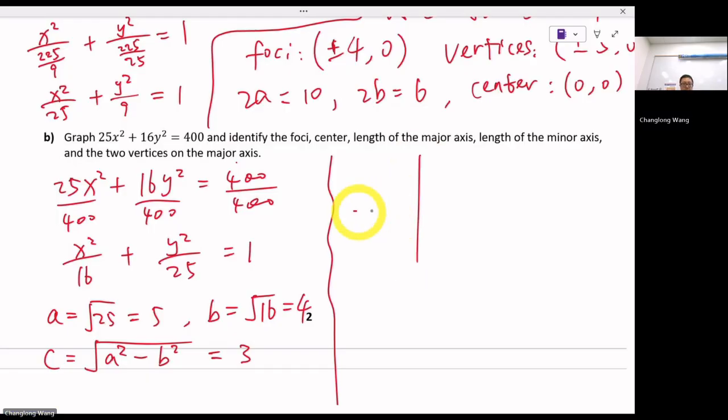I'm sure that everyone can easily sketch an ellipse, knowing that it's stretched vertically, and it has the length to be 10 units. That means 5 units up, 5 units down, right? Width to be 8 units, so 4 to the left, 4 to the right.